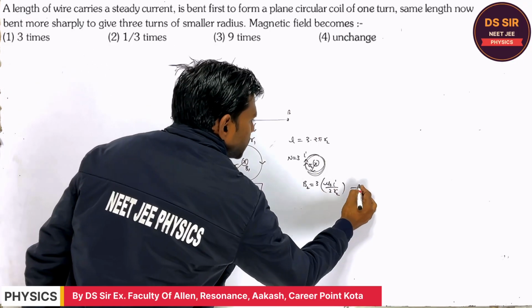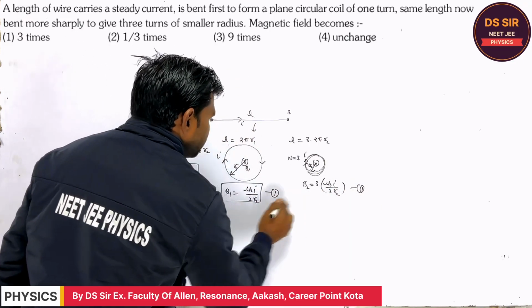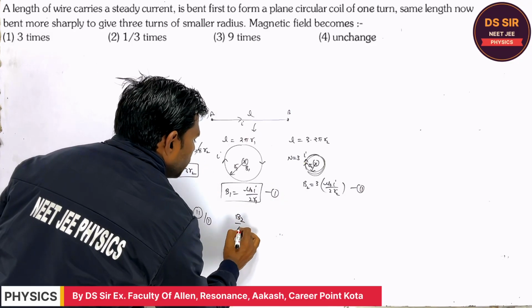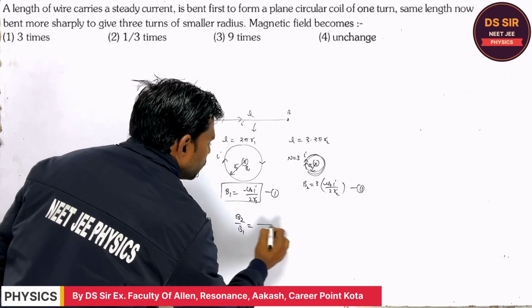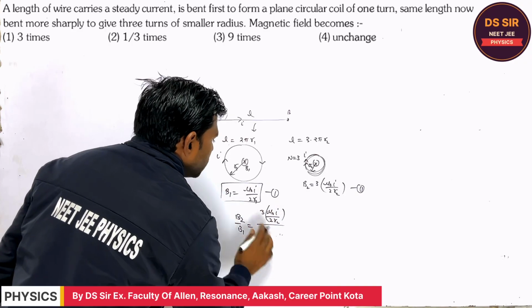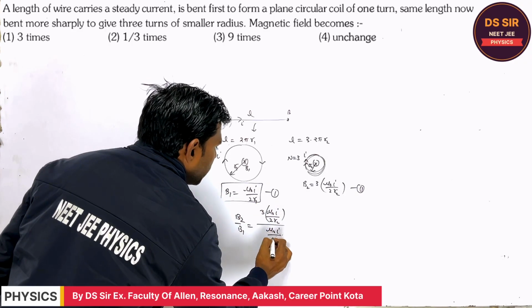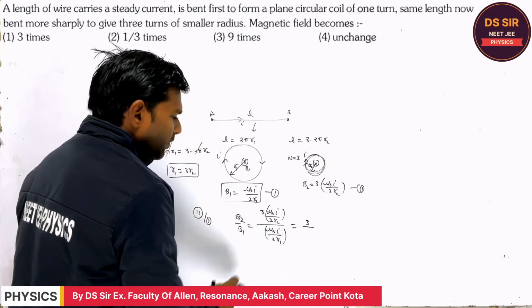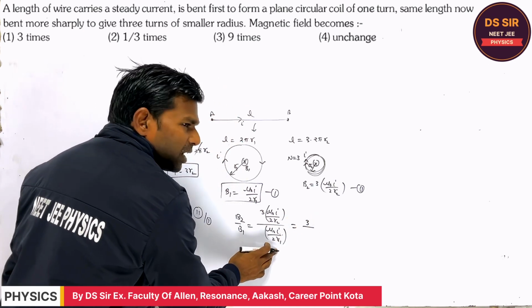Now if equation number 2 is divided by equation number 1, B2 upon B1, what is B2? 3 mu naught I upon 2R2 divided by mu naught I upon 2R1. Everything will cancel out except R1 and R2.